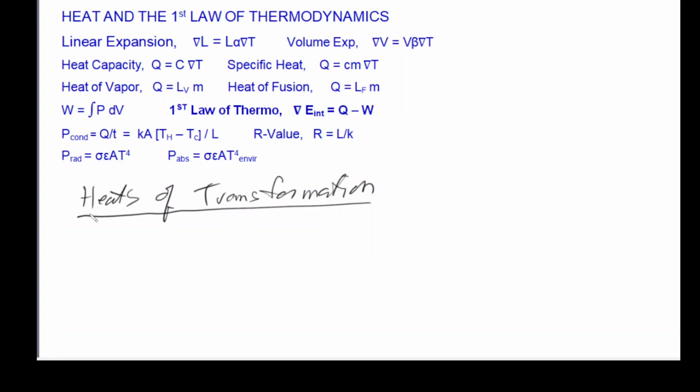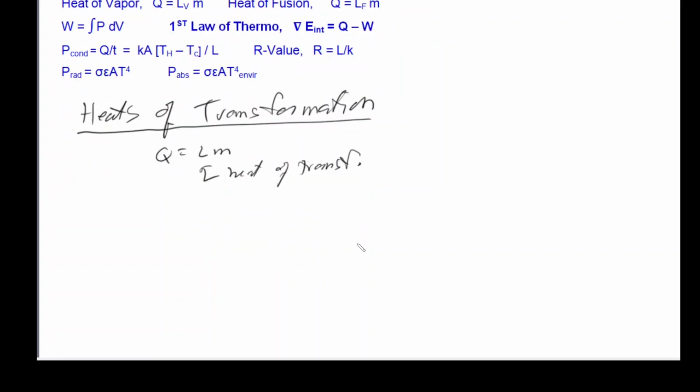We do this through heats of transformation, where Q is equal to Lm, where m is the mass of the object and L is the heat of transformation. And we can be more specific with the heat of transformation.